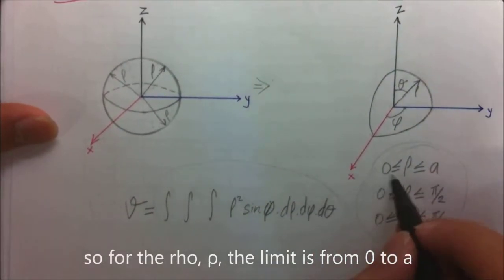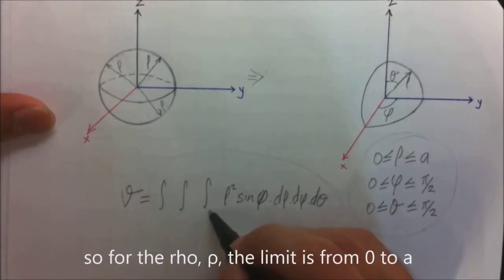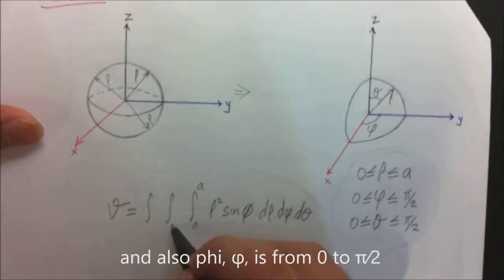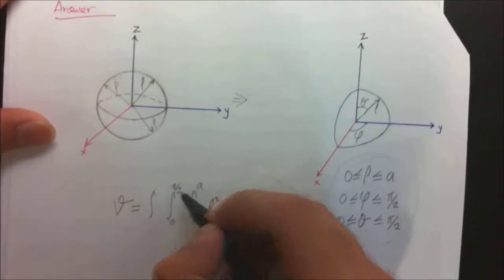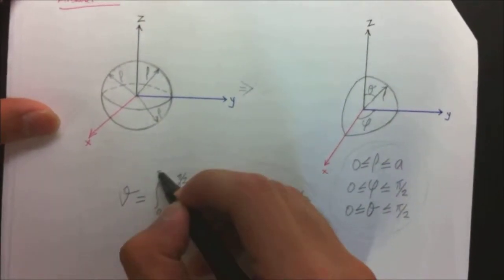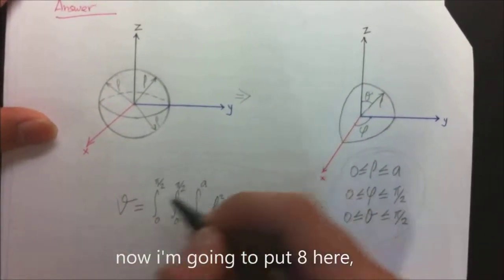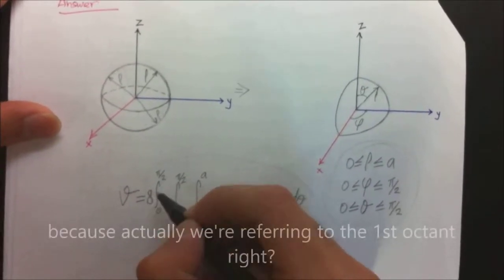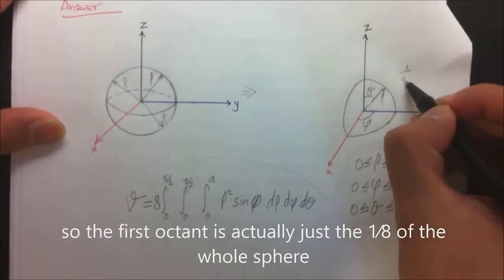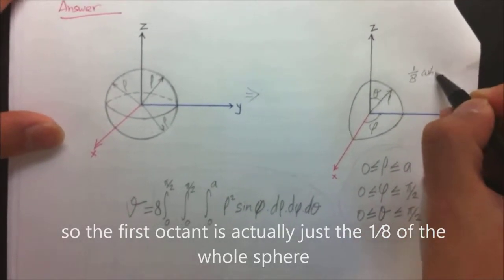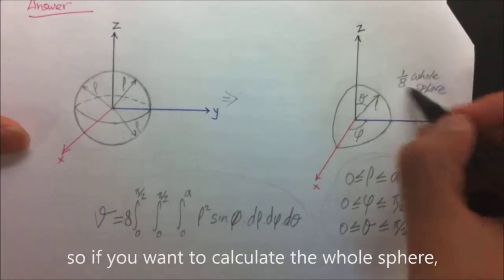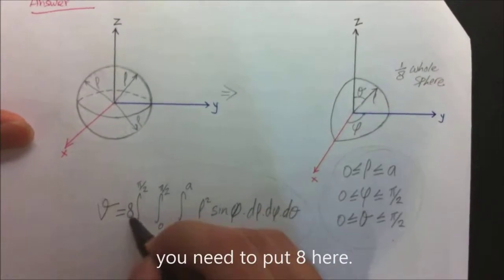For rho, the limit is from 0 to A, so we put 0, A. Phi is 0 to pi over 2, and theta is 0 to pi over 2. Now I'm going to put 8 here, because we're referring to the first octant, right? The first octant is just 1/8 of the whole sphere. So if you want to calculate the whole sphere, you need to put 8 here.